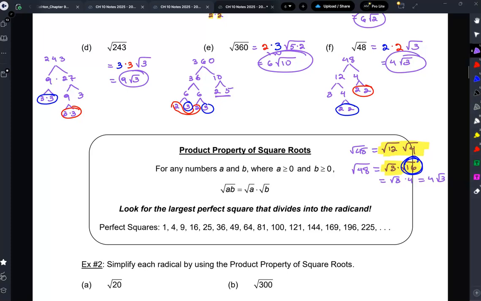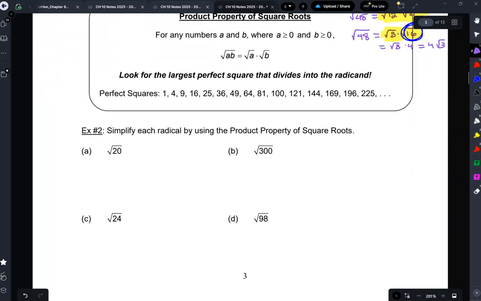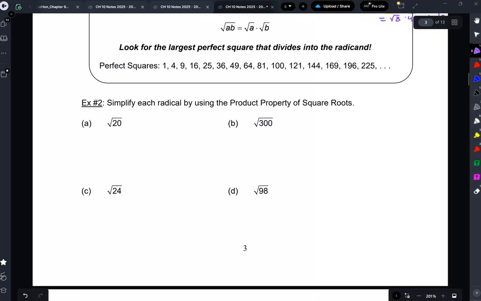But this takes a little bit more awareness of the perfect squares. Okay, so these are the perfect squares. So now let's see. 20. Can I write 20 as 2 factors and one of them is a perfect square? Yeah. 4 and 5. So root 4 and root 5.